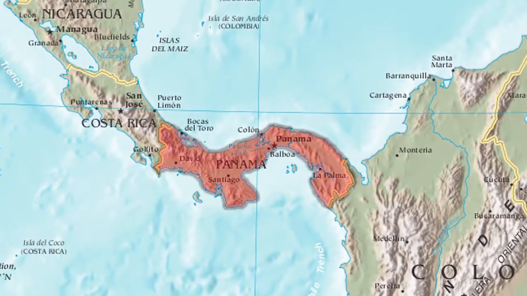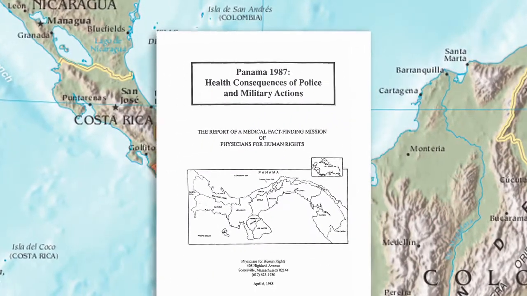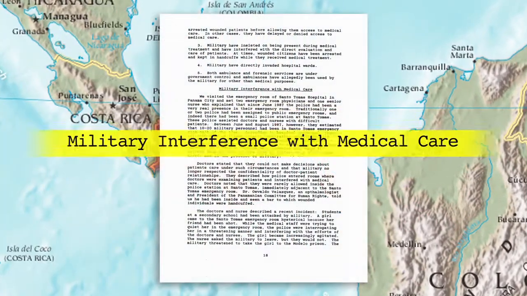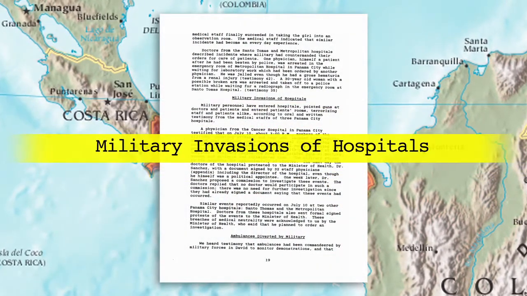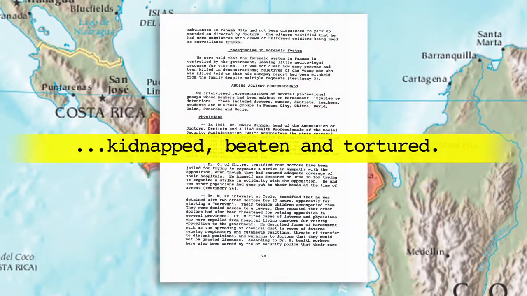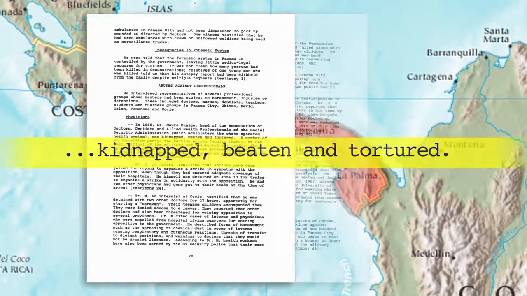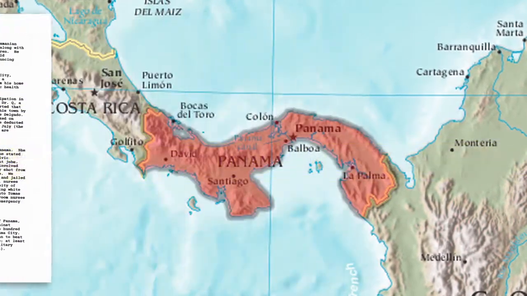In Panama during the 1980s, the government harassed, intimidated, arrested, and tortured health professionals who spoke out against the deteriorating health system there. After civilian demonstrations there in 1987, the government blocked access to injured civilians who were trying to get into hospitals.